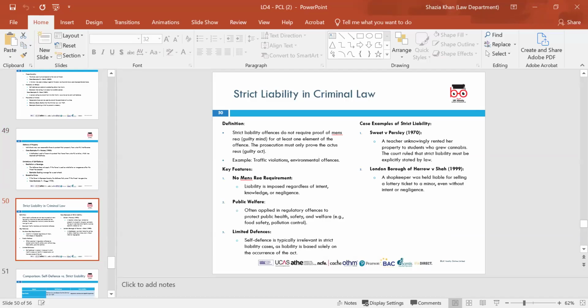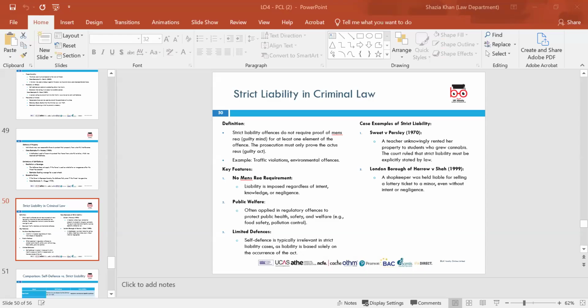Strict liability in criminal cases. So in regards to strict liability, offences of strict liability require proof that the defendant performed the prohibited conduct, but do not require proof that the defendant was blameworthy.